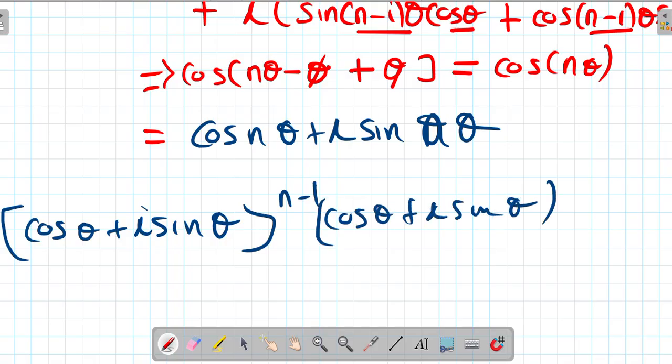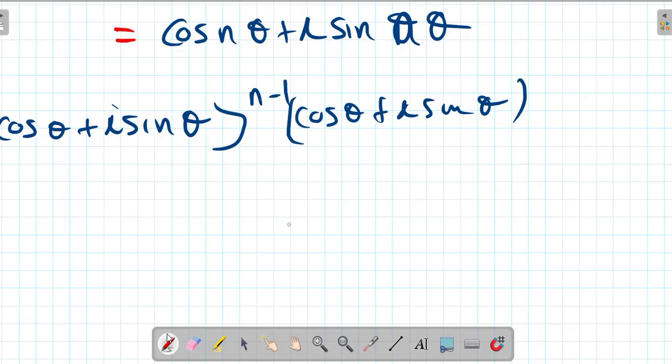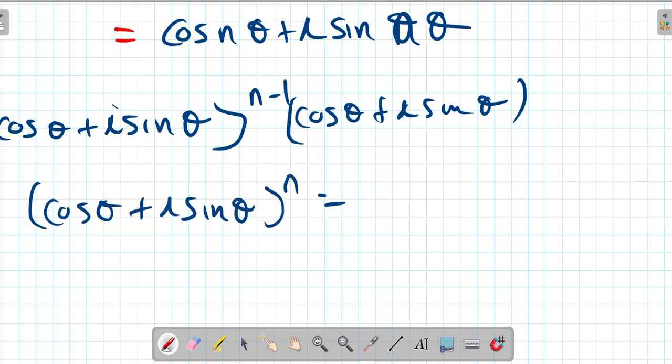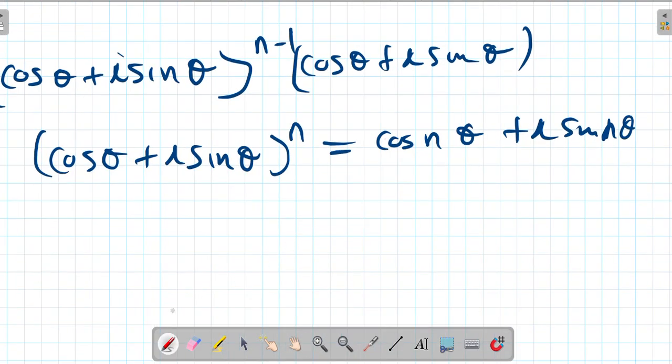If we multiply these, we're going to add the powers together. So we're going to have cos theta plus i sine theta, everything raised to the power n, is equal to cos n theta plus i sine n theta. Therefore, we've shown by mathematical induction, hence proved.